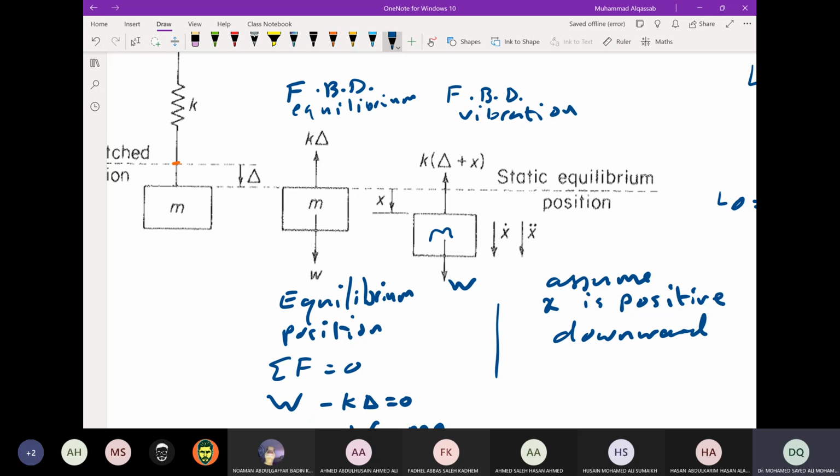x is a function of time. Okay, so x is not constant.